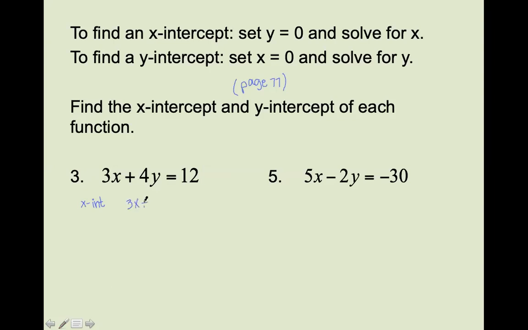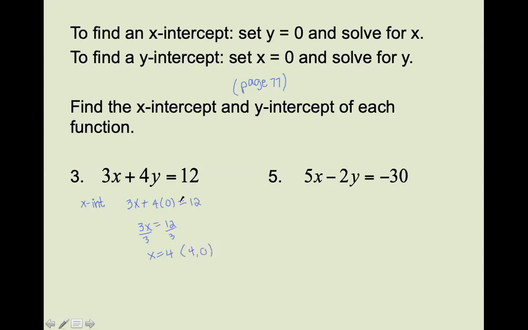So I'd have 3x plus 4 times 0 equals 12. Well, 4 times 0 is just 0, so I'm left with 3x equals 12. I divide both sides by 3, and I get x equals 4. So my x-intercept is 4, which means it goes through the point (4, 0).